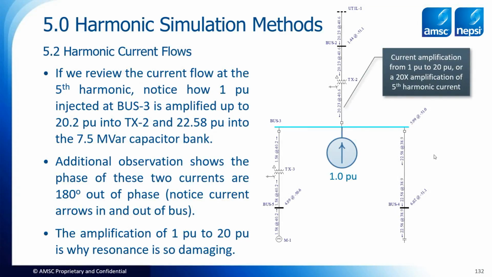So at a resonant condition, when you're hitting this really high resonant amplification, you will find that these currents are almost exactly equal and 180 degrees out of phase. And that is exactly the condition that happens during resonance in resonant tank circuits. And again, 20 times. So it's not a little bit. So if you had any significant amount of fifth harmonic, that fifth harmonic is going to be amplified 20 times.